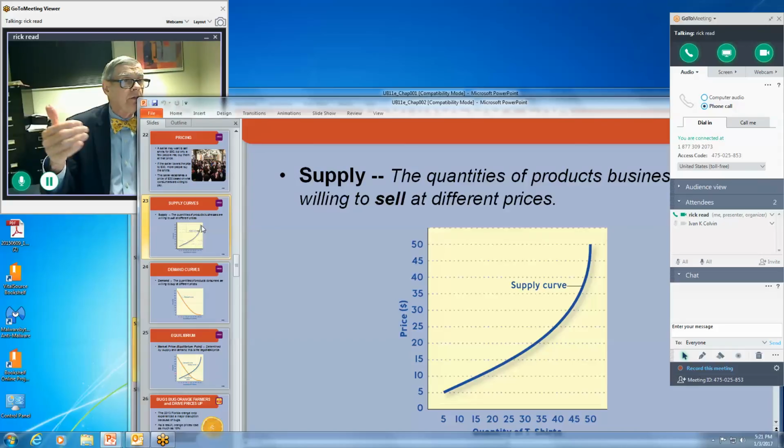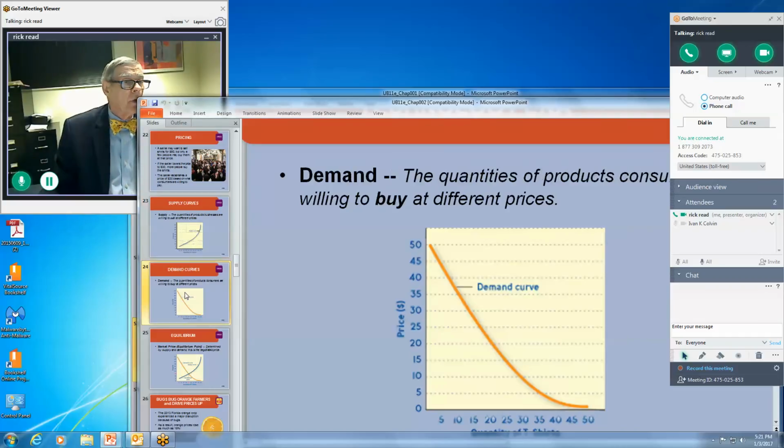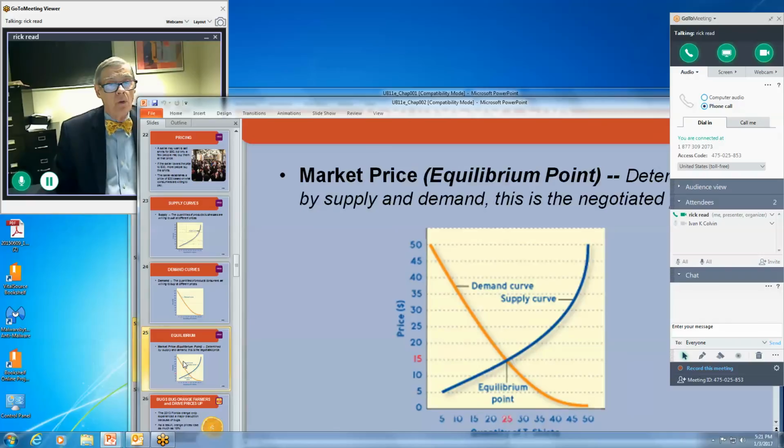If it's moving to the left, it's not good. What this is just showing is the supply the company is going to make available. That's the supply curve, that they're willing to sell those at different prices. The demand curve is what we, the consumer, are willing to pay at different prices, how much we're going to buy at different prices. And then the equilibrium point is where supply and demand meet. And this is something that's negotiated.